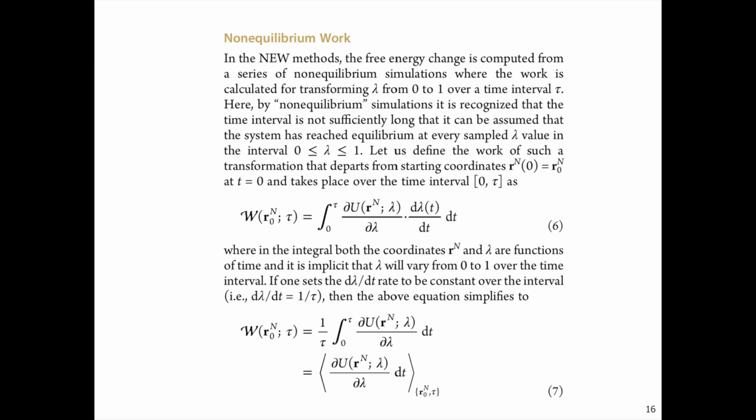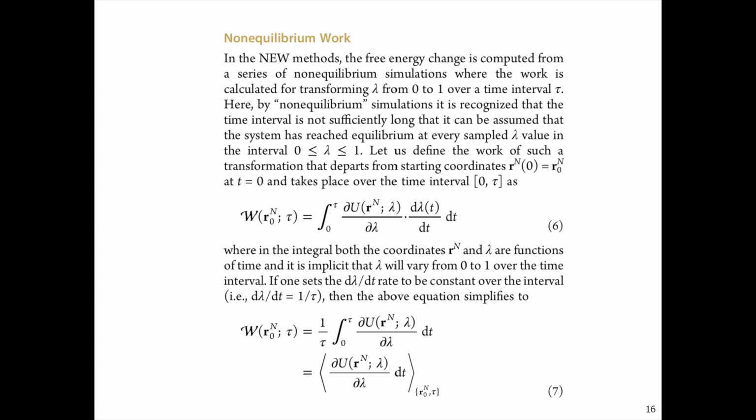But it turns out that if you average over the equilibrium ensemble of all those little non-equilibrium work switches, that'll actually give you an equilibrium property, which is a really amazing result that was derived by Jarzynski and later modified by Crooks.